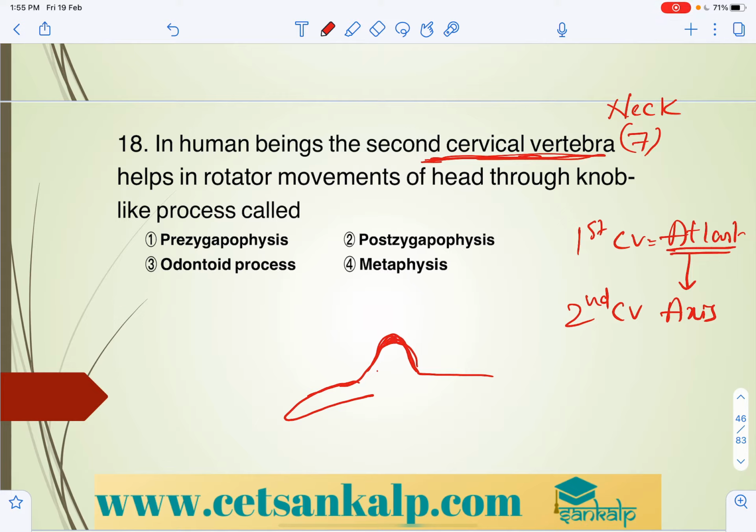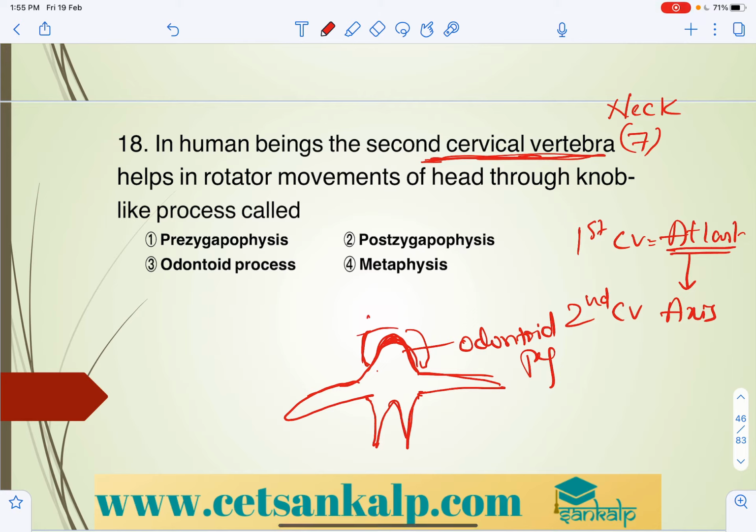To this peg the atlas articulates, and it is attached with the condyloid facet, and here also the transverse process will be there when it articulates. So that is what we can say.